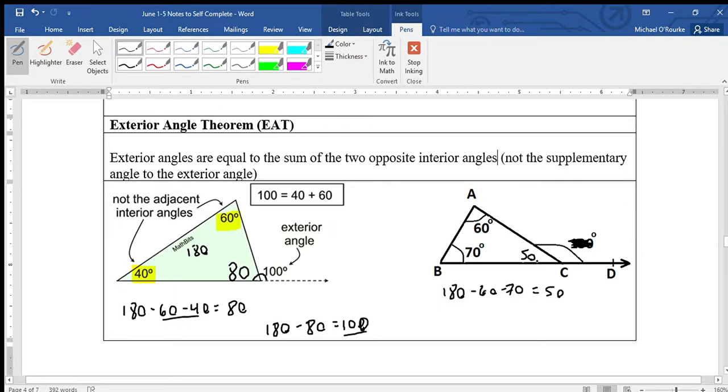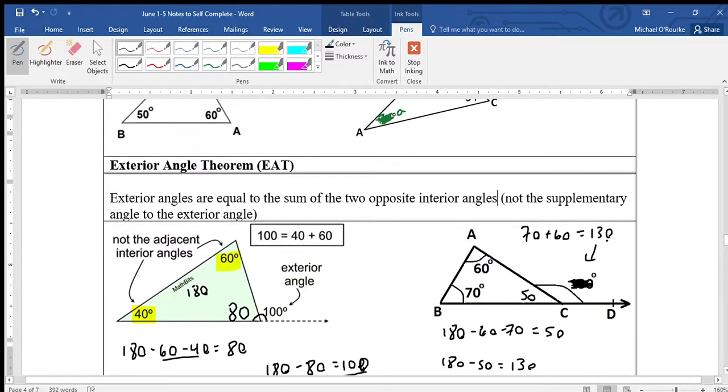Now that's a straight line, and you go 180 minus 50 equals 130. So that's a two-step solution. If I wanted to do this in one step, I'd say this here equals these two added up. So I just go 70 plus 60 equals 130. And there, I have it right away.